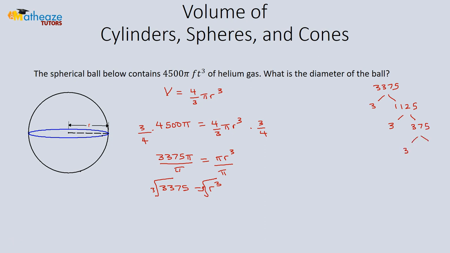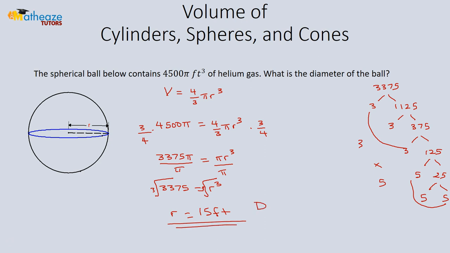Then we have 3 and 125. We have 5 and 25, and then we have 5 and 5. Because we're looking for a cube root, we're going to look for groups of 3. 1, 2, 3. Okay, 1, 2, 3. So this is going to be 3 times 5. So r is going to be equal to 15 feet. So the diameter is 2 times r, which is 30 feet.